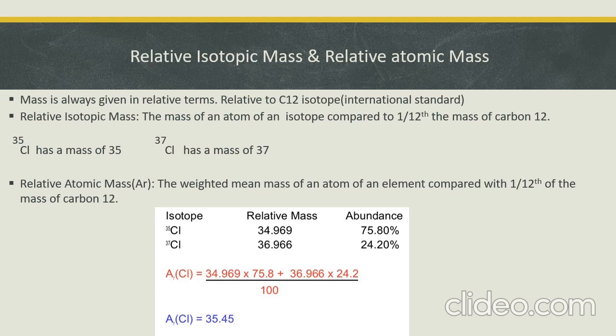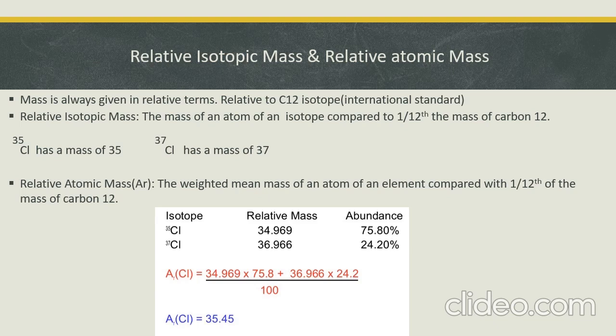So whenever you are defining these two terms, relative isotopic mass and relative atomic mass, you have to use carbon-12. Relative isotopic mass is the mass of an atom of an isotope compared to 1/12 the mass of carbon-12. For example, chlorine-35 has a mass of 35 and chlorine-37 has a mass of 37. Simple stuff.